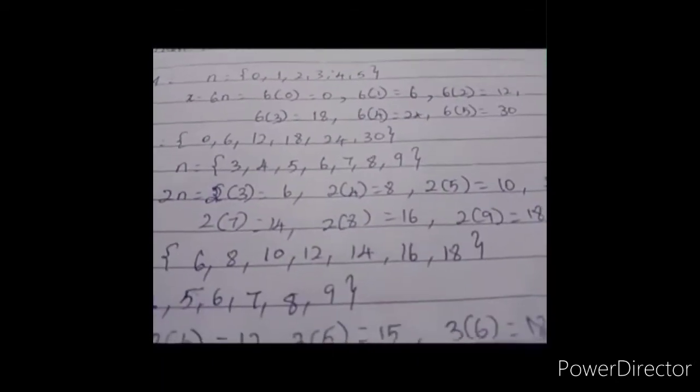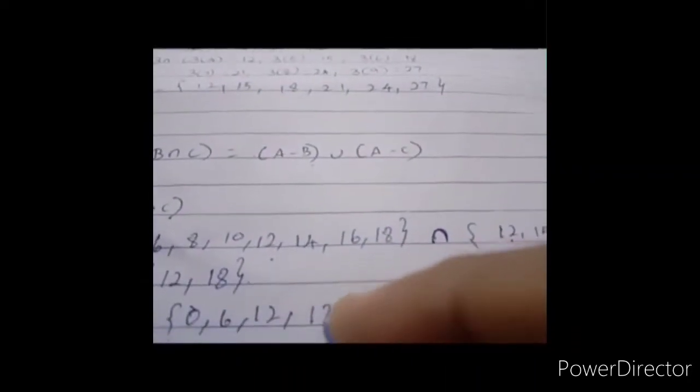Now, A minus (B intersection C). Take and write the value of A. That is 0, 6, 12, 18, 24 and 30. Then minus B intersection C, which is equal to 12 and 18.